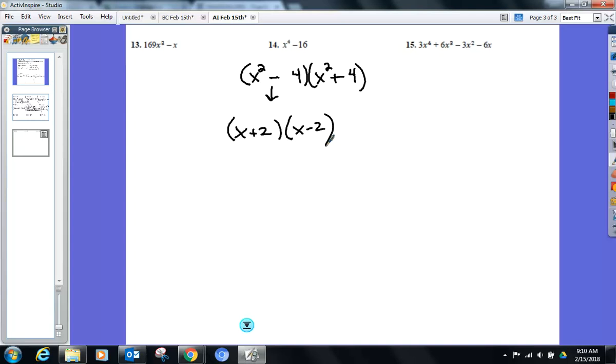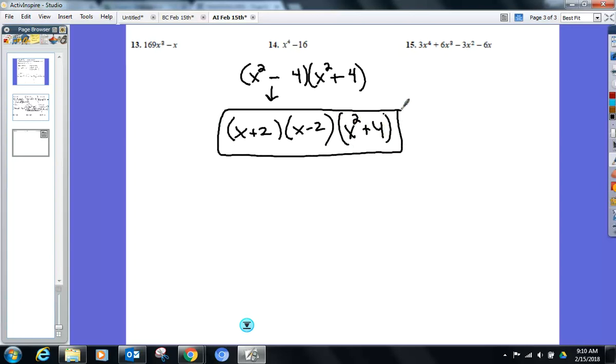Never fall into that trap when it's addition. I just bring it down. You see perfect squares and you're adding them, stay away. The only time I can factor it is when it's subtraction. All right?